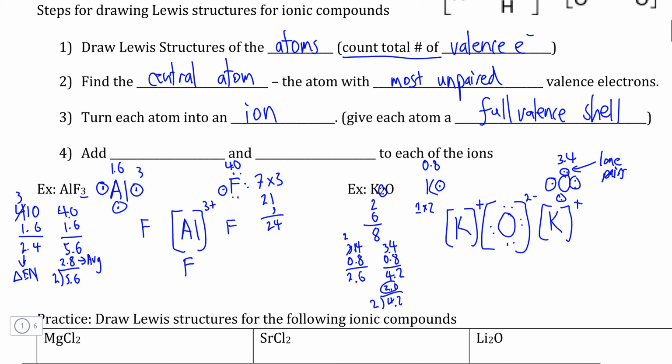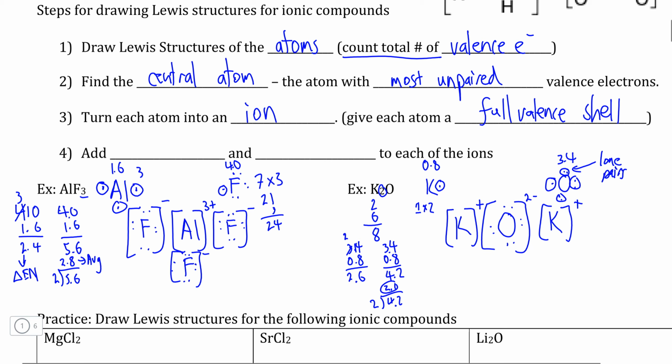And with aluminum fluoride, because fluorine gains 1 electron more easily than it loses 7, we can give each of the fluorine ions here a full valence shell and a -1 charge to indicate that it has gained 1 electron, and then we simply repeat the process with each of the fluorines: 1, 2, 3, 4, 5, 6, 7, 8, add brackets to indicate that it is an ion, and add the -1 charge to indicate that it has gained 1 electron.